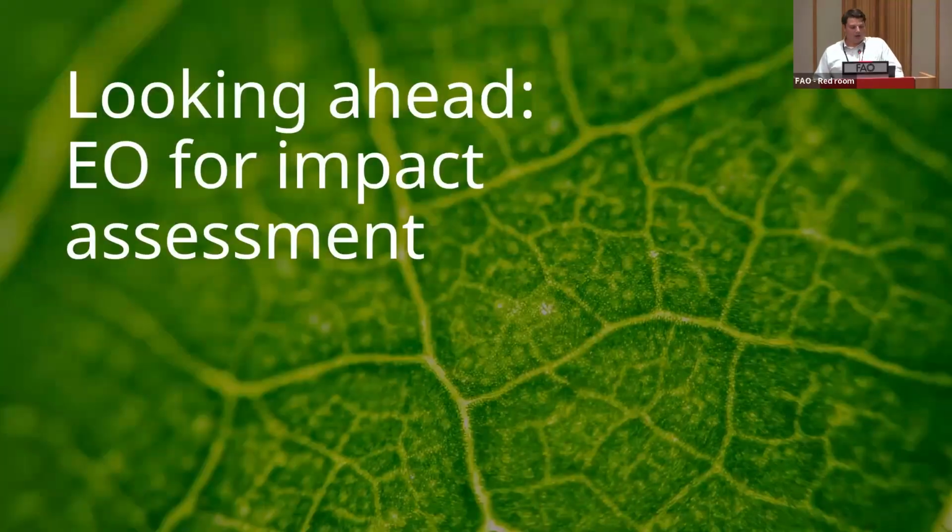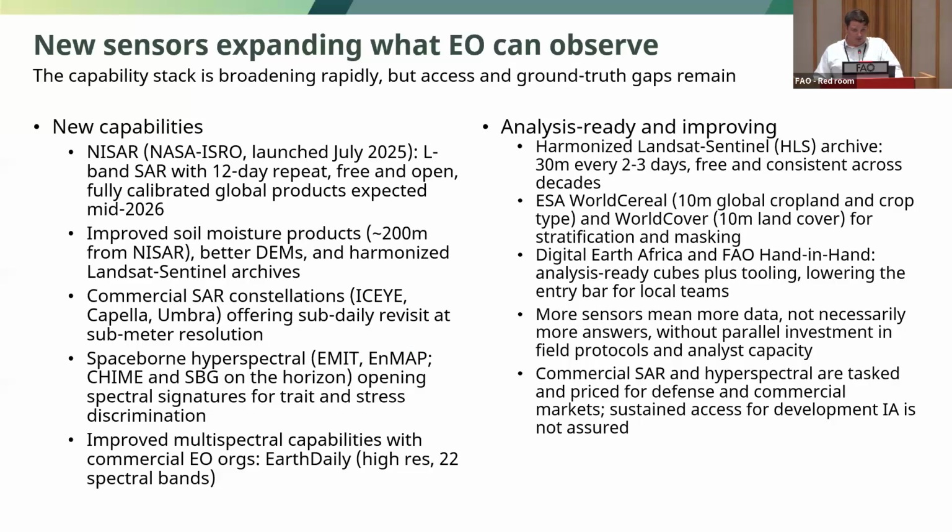So when we look ahead and think about Earth observation for impact, this study, as Jeff mentioned, was kicked off several years ago, and a whole lot's changed. New sensors are available, new computing methodologies are available, massive new derived data sets are available and getting improved upon and expanded upon.